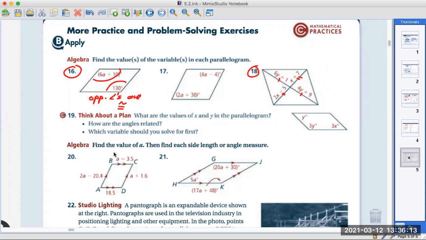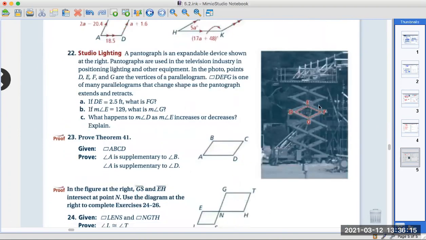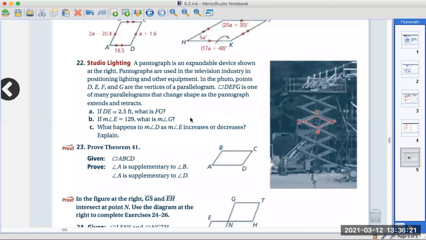And then this picture here, I always like looking for real stuff that you can connect with. Studio lighting. It says a pantograph is an expandable device like that. It goes up and down, right? Shown at the right. Pantographs are used in the television industry in positioning lighting and other equipment. So if you have to go up to the ceiling, they have high ceilings in those studios.